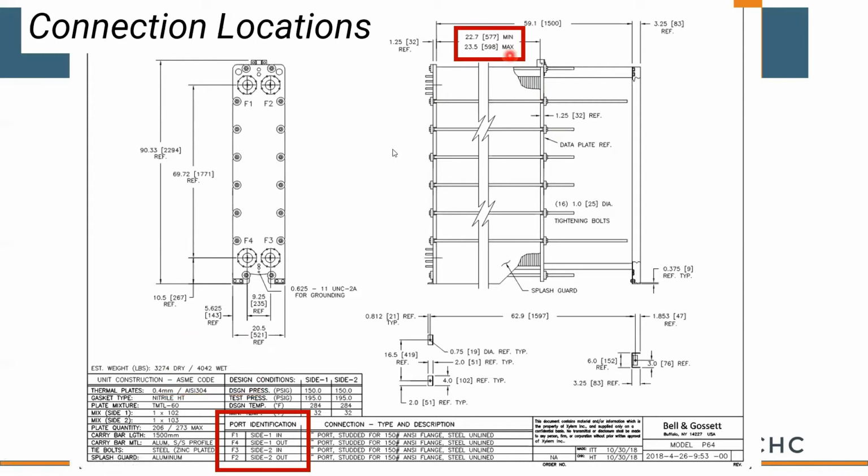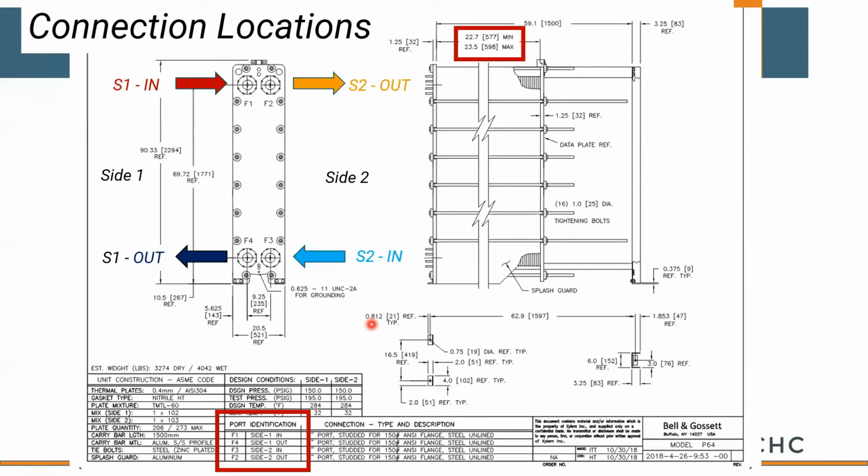The other thing to point out is a submittal is going to give you side 1 in and out and side 2 in and out. This dimension sheet doesn't care whether side 1 is hot or side 2 is cold. Anytime we're doing software selections, hot is always on the left side and cold is always on the right side.